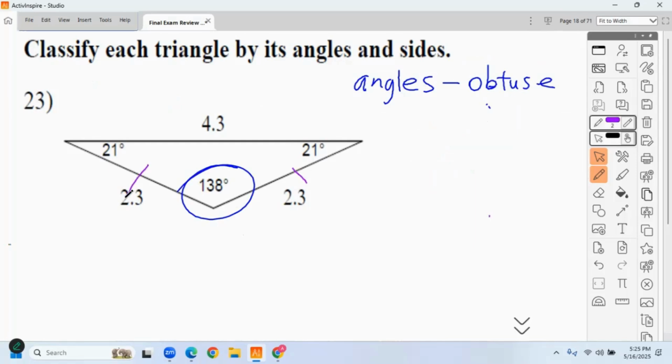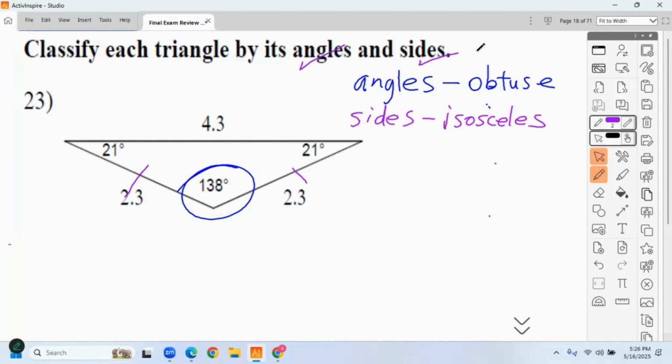Boom, boom. Look at that. We got two sides that are the same, congruent. So whenever we have two sides the same as far as congruency, we're going to call that an isosceles triangle. Okay, so we're done with this one.